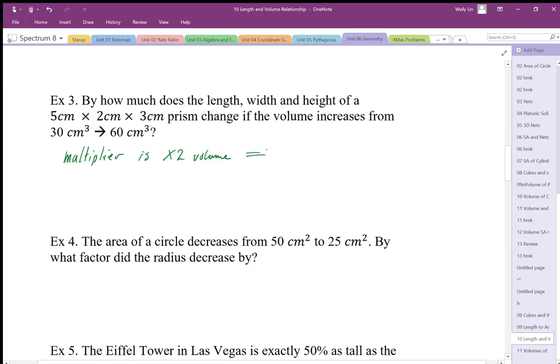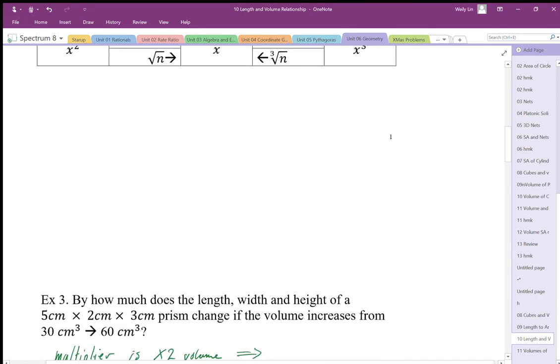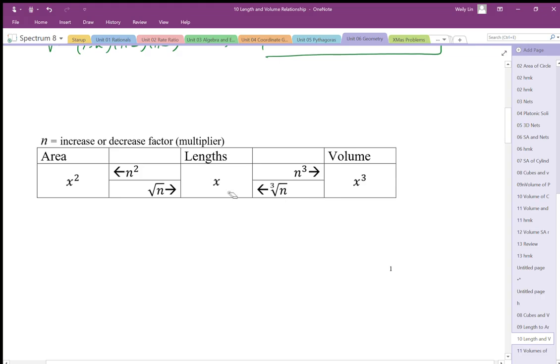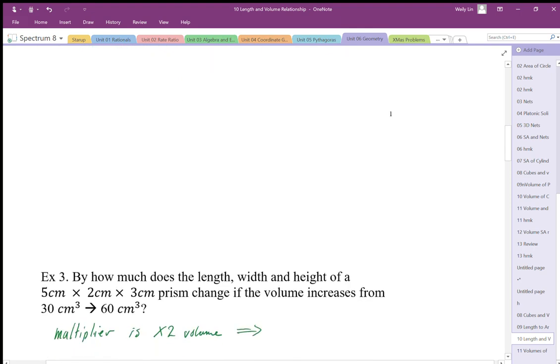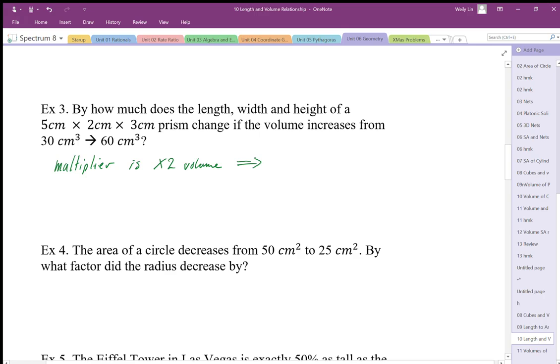Okay, so if I want to go from volume to length multiplier, I have to cube root that multiplier. So I'm going to take that doubling and I'm going to cube root it. So the length, width, and height all have to change by a factor of about 1.26, about 1.26 times the length, width, and height.